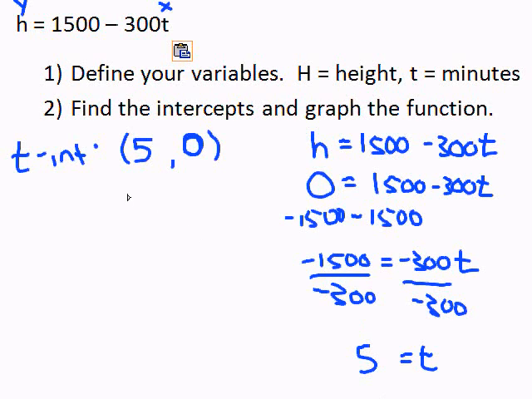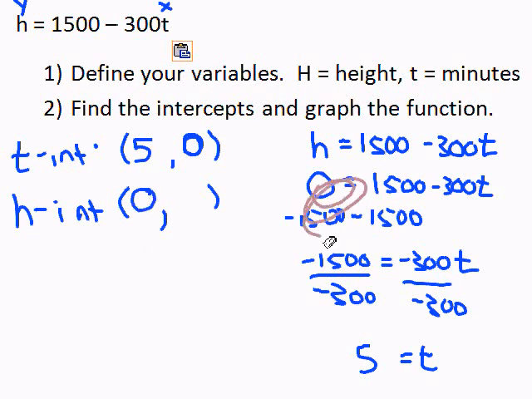So now that we found the t-intercept, or like the x-intercept, now we can find the y-intercept, or in this case, the h-intercept. To find the h-intercept, we put 0 in for the other letter. Now, the other letter is t, so we're going to put 0 in for t.